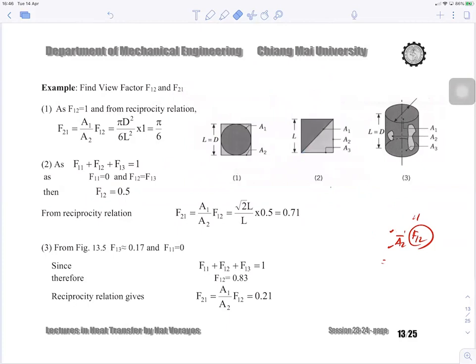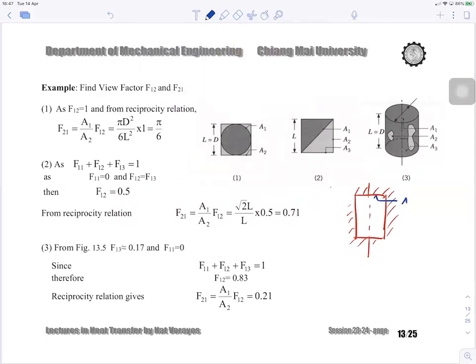Okay, let's clean it up. And for the third one, you have a tank like that, and you have a lid on the top. You have the surface on the bottom of this tank. And if I draw the cross section like that, you have three surfaces.